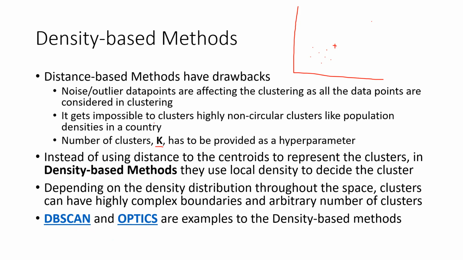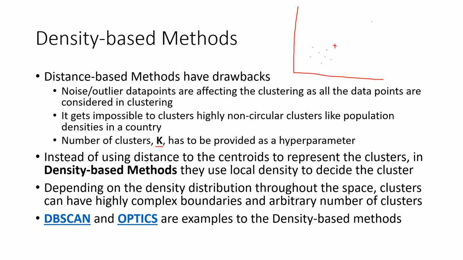Density-based methods can be used widely because in the real world, data are not really circular, well separated and equally counted data sets like in k-means clustering, but they have arbitrary boundaries and highly different data points in different densities, right?